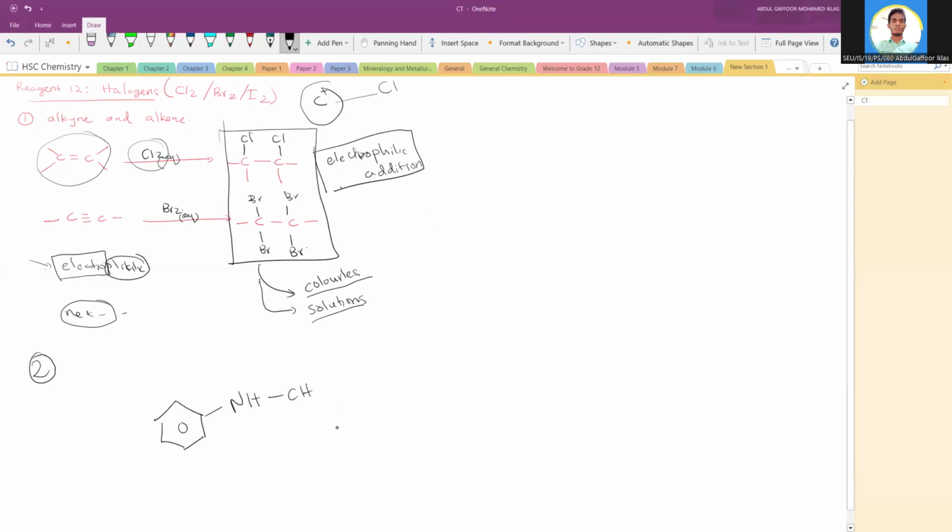Now I will introduce the systems that can react with this halogen. This is the first system, the second system is benzene NH2, and the third system is benzene OH.